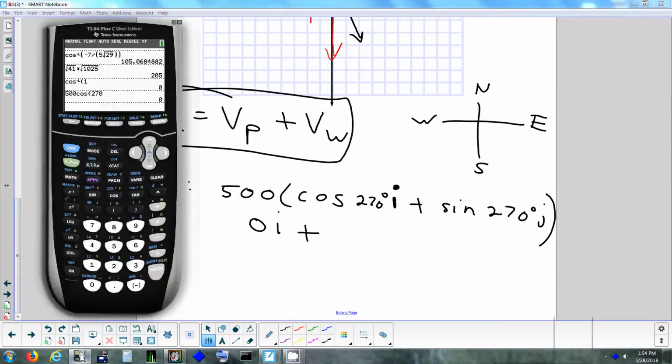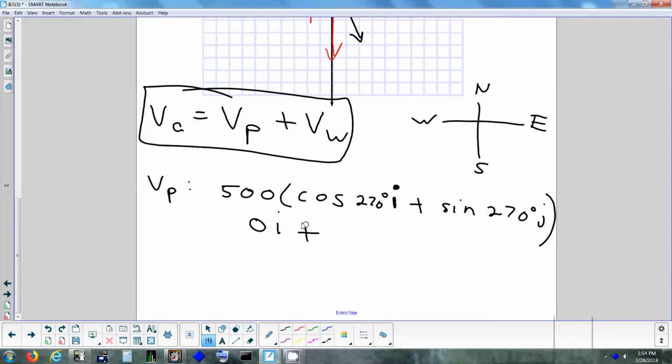So the second part is 500 sine 270, and we get negative 500j. All the speed is on the vertical. Okay? So really what I should do is just put minus. And there's the velocity vector for the plane. Okay? Any question on how I got that?